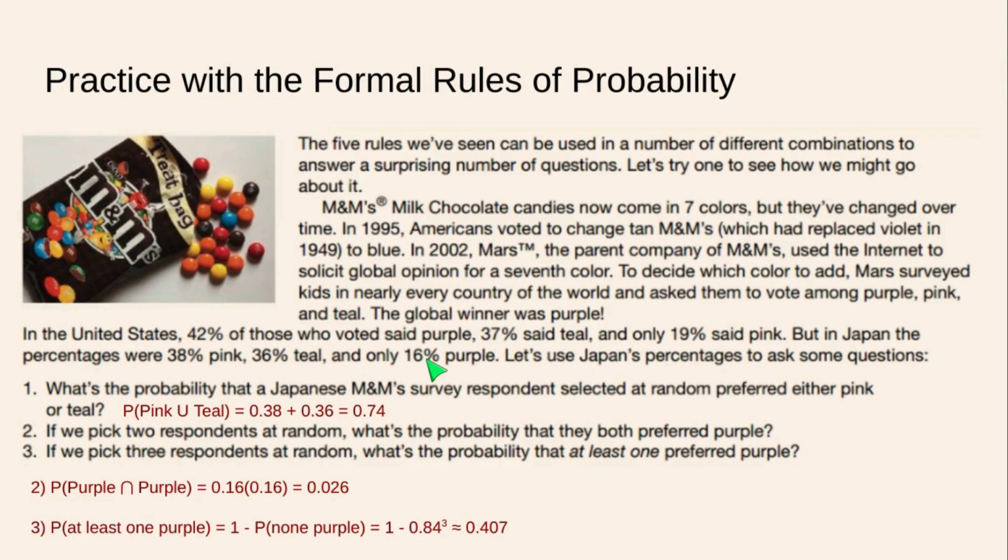So the odds of not choosing purple is 84%. We would cube that because we are picking 3 respondents. And 1 minus 0.84 cubed is going to be about 40.5%, a little bit north of 40.5%.